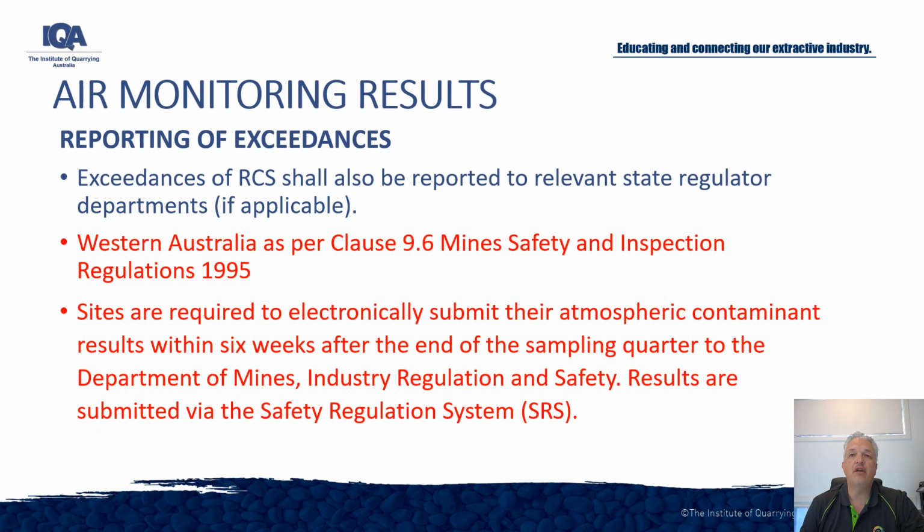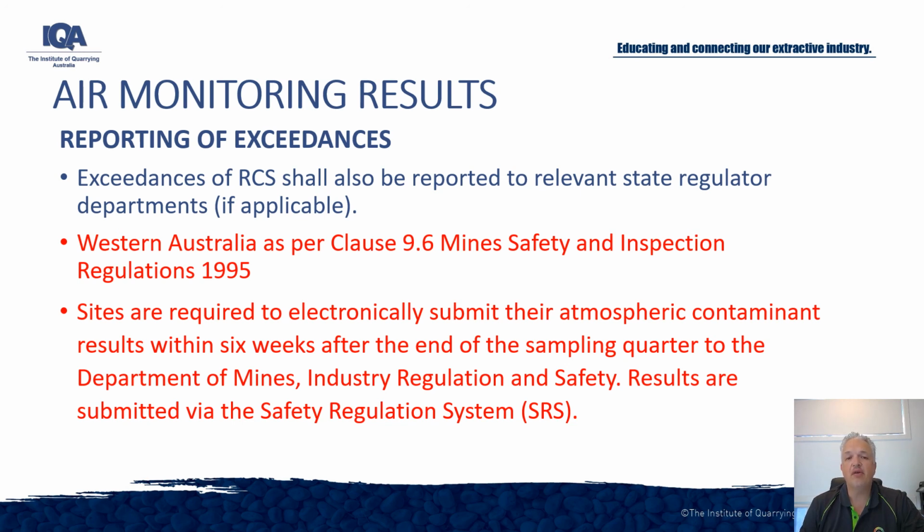In Western Australia, the ventilation officer must report to the manager or the manager's representative any atmospheric contaminant levels in a workplace at the mine or quarry that exceeds the exposure standard. This is captured in clause 9.6 of the Mine Safety Inspection Regulation 1995.